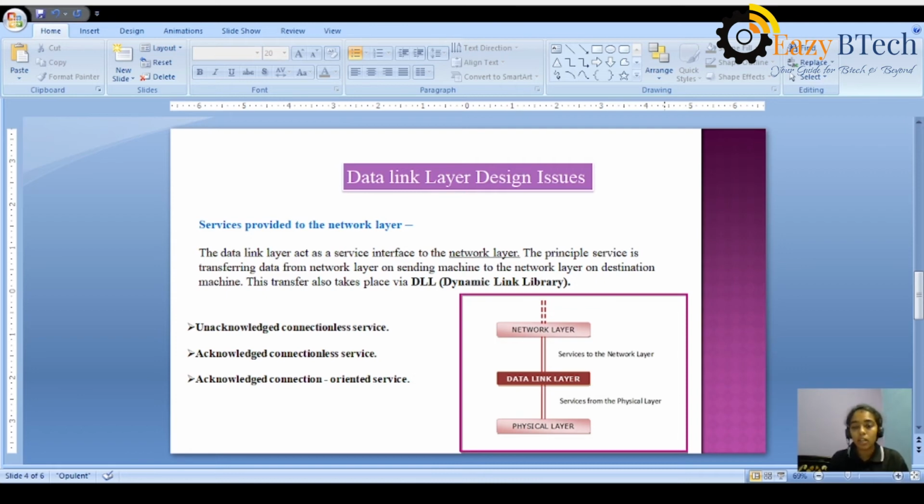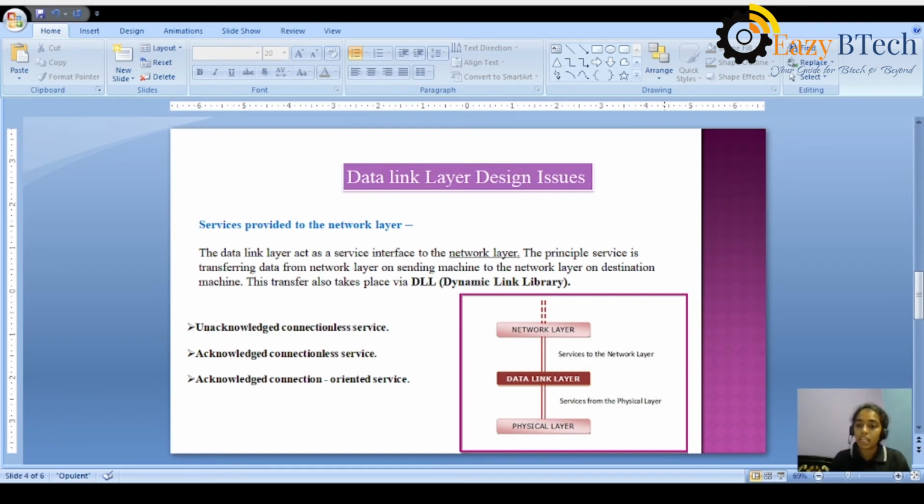So if the data are transmitted successfully, it gives 1 to the network layer, or 0 to the network layer. Okay, this is an acknowledged connectionless service. Acknowledged connection oriented service: connection oriented means we have a direct connection through the physical medium.